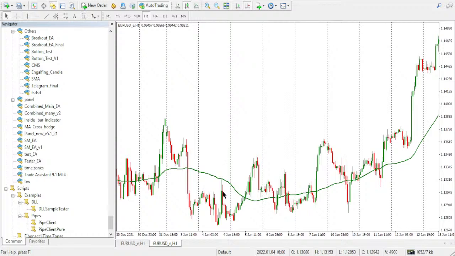So what is risk? I give it a very basic definition: risk is how much you put in a trade. Reward is how much you expect from a given risk. So if you expect to get 5% from 1%, that is 1 to 5. You are risking 1% to get 5%.